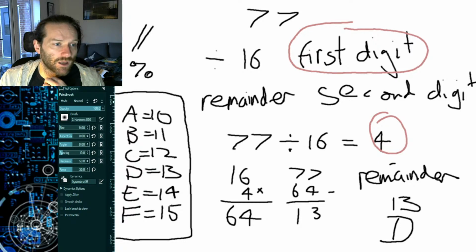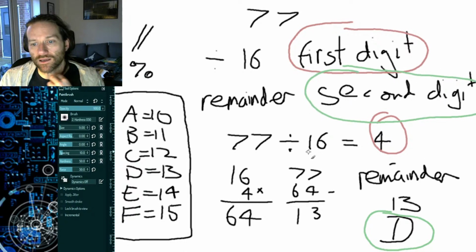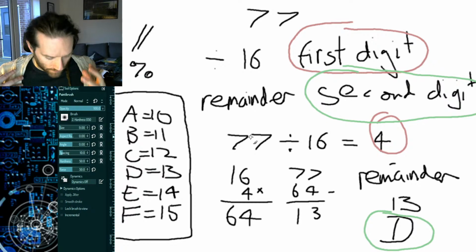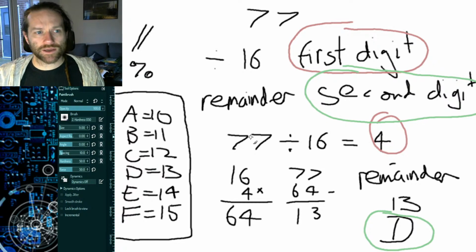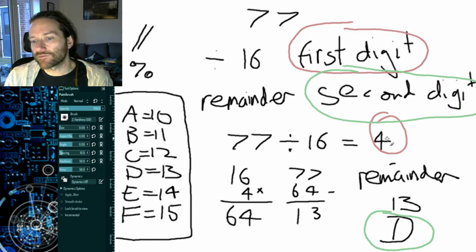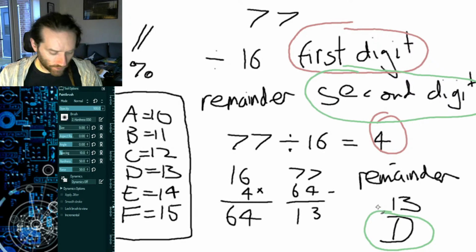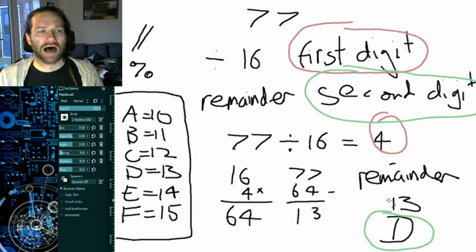Now, if this seems long-winded, there is a slightly easier way. This is the traditional way, if you like. Take your number, divide by 16, that gives you the first digit, and the remainder of that division is your second digit. A lot of people look at that and think, doing that without a calculator, are you mad?